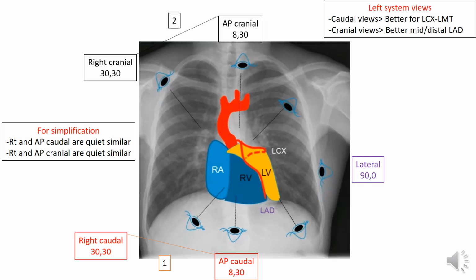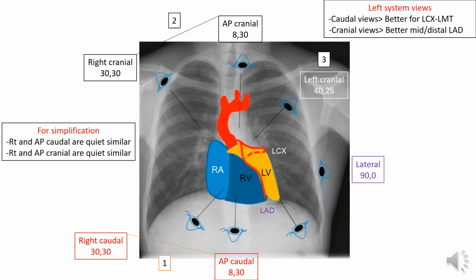The second orientation is the right cranial view. Here we are looking at the heart from the head side of the patient. These views are aligned more with the interventricular septal groove. So in these views we will find the LAD running along the picture from the cranial to caudal direction.